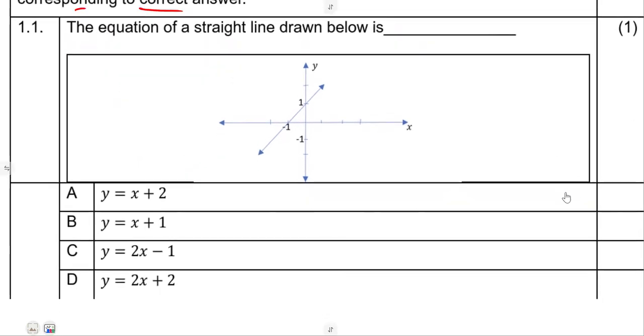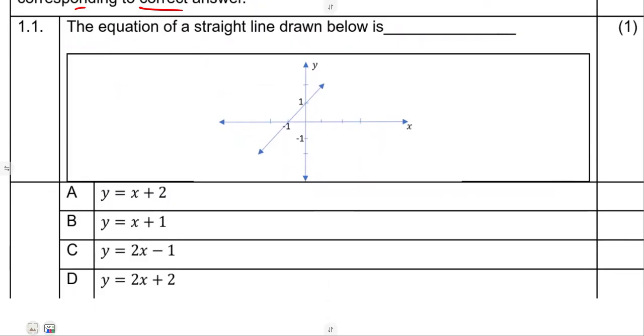1.1, the equation of the straight line given below. We've got our x-axis, y-axis, and this line is drawn cutting the x-axis and the y-axis. In this case, we've got our y-intercept at 1, the x-intercept at -1. What will be the equation?